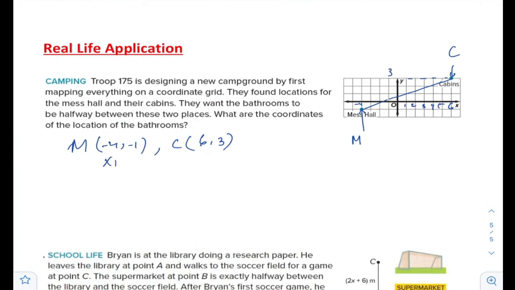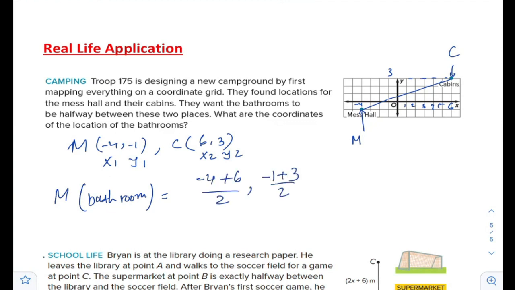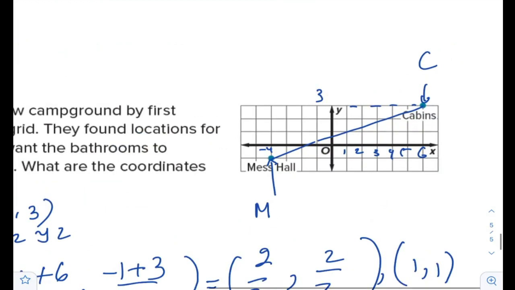We will name this x1, y1, and this x2, y2, and we will find the midpoint, which is the location of the bathroom. So simply, we will add -4 plus 6 divided by 2, and -1 plus 3 divided by 2. So it will be 2 over 2 and 2 over 2, which is 1, 1. So the bathroom will be somewhere here. Yes, 1 and 1.